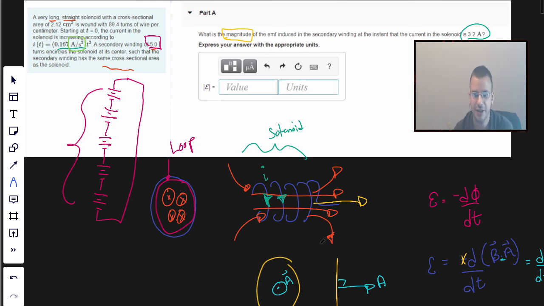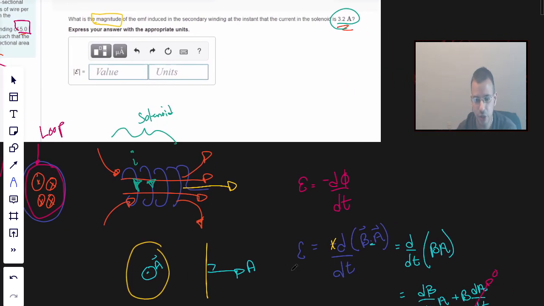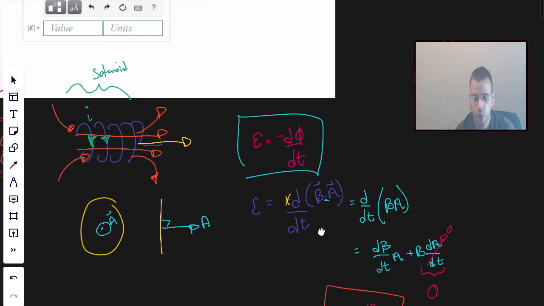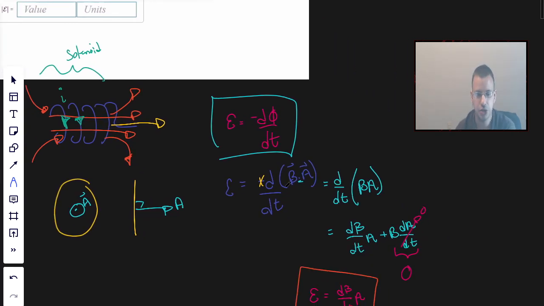That change in magnetic field is going to induce a voltage in our loop, and it's going to do so according to Faraday's law. We went through Faraday's law, which simplifies to the dot product between the magnetic field and area, taking the derivative with respect to time.